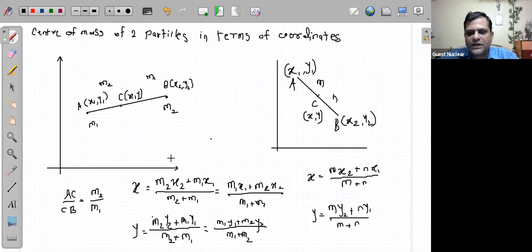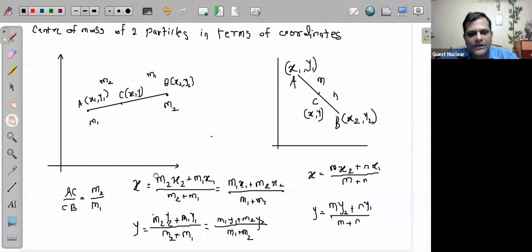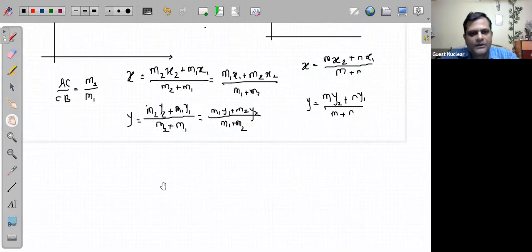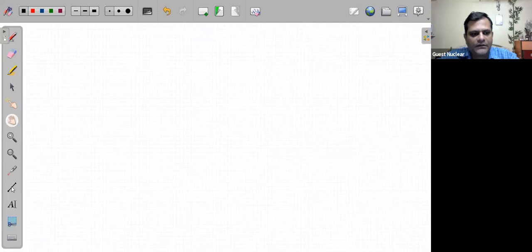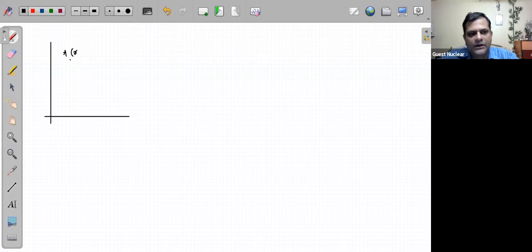If suppose there are three particles, no problem. Again, we can just generalize this same formula for three particles also. For example, if we have the three particles in the xy coordinate system, suppose this is the xy coordinate system, and suppose we have the 3 particles which are located at the points A, whose coordinate is x1, y1, suppose, and of mass m1.